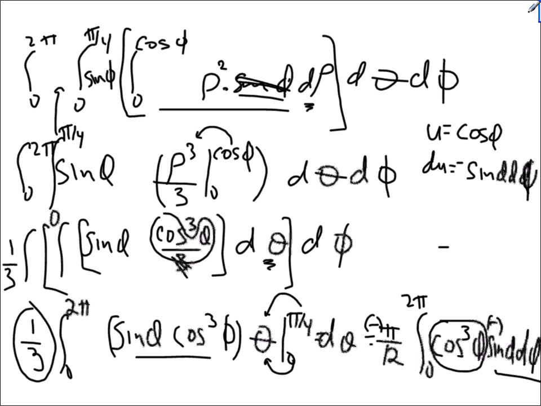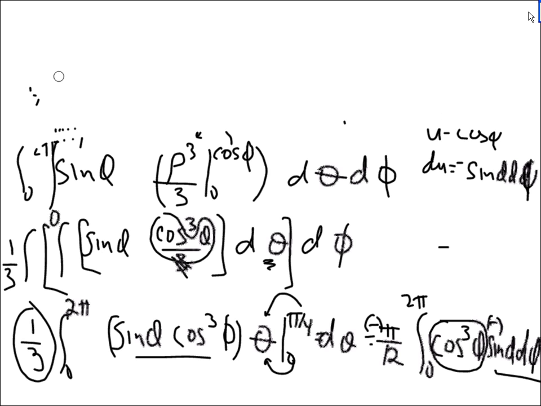So let me go to the top line, please. Let me erase the top line, and then I'll go get a right. So we have u cubed times du with a negative pi over 12 in front.